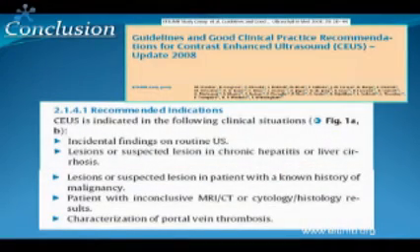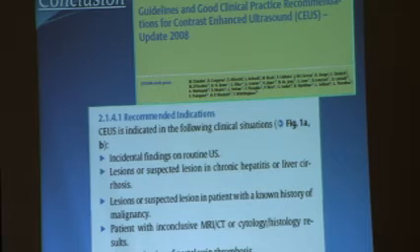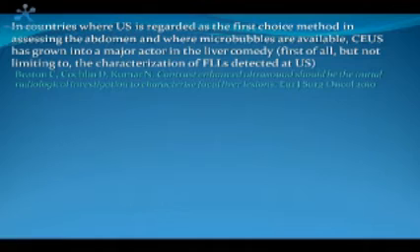And also, as I showed you, there is a growing role in the case of non-conclusive findings at MRI, CT or PET. The problem of non-specific uptake of FDG at PET is very, very common in our practice.